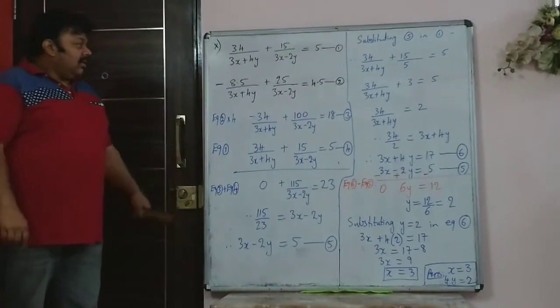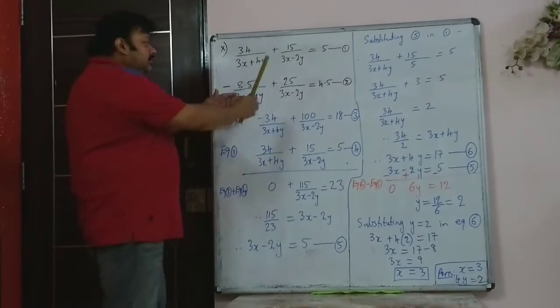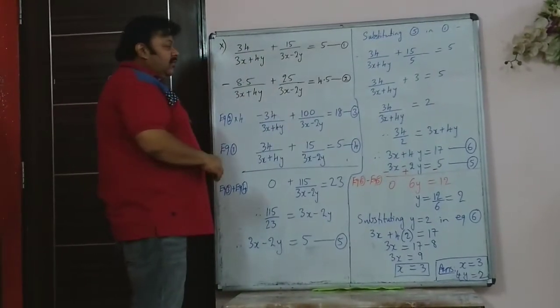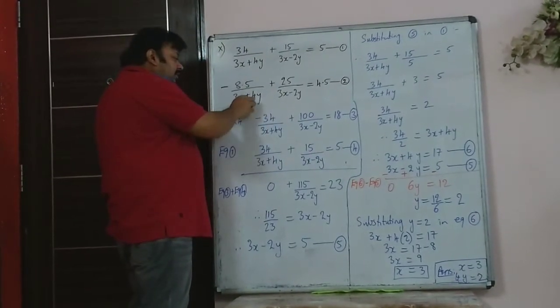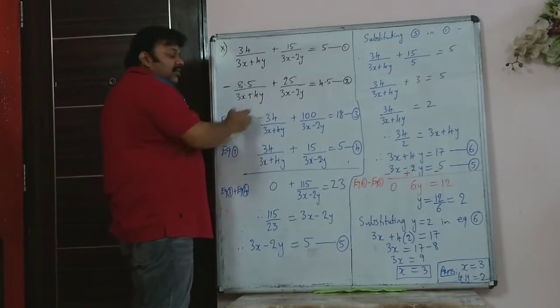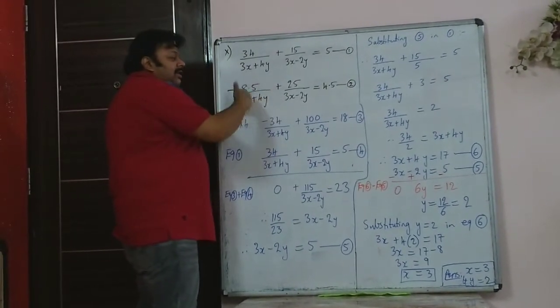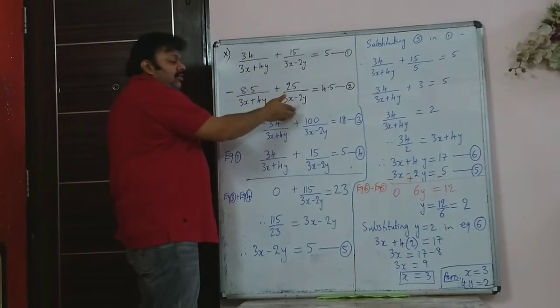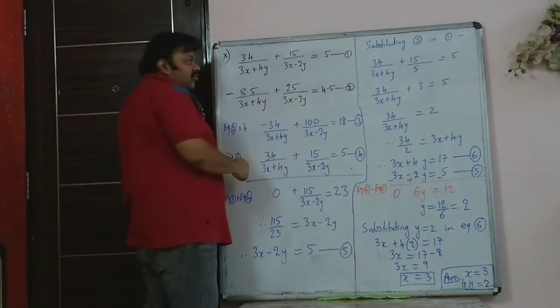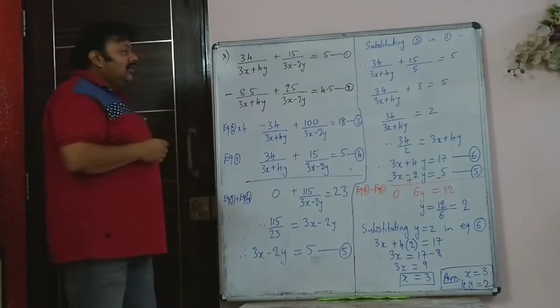Next question. Again, I rewrote the second equation. I wrote the 3x plus 4y term first so that it is one below the other. And the first term I wrote second so that 3x minus 2y is also one below the other.